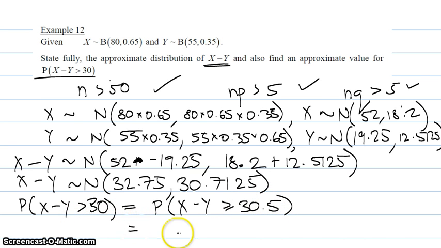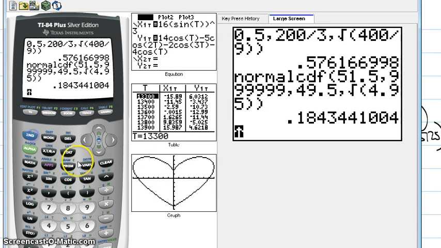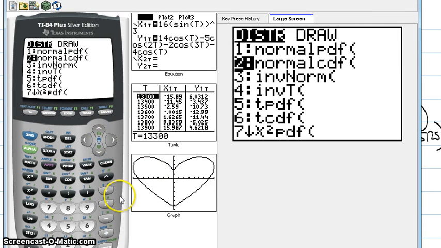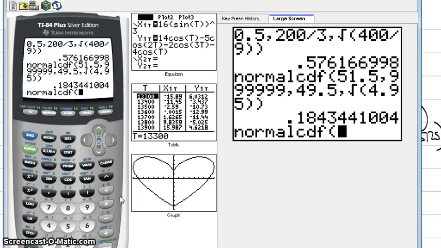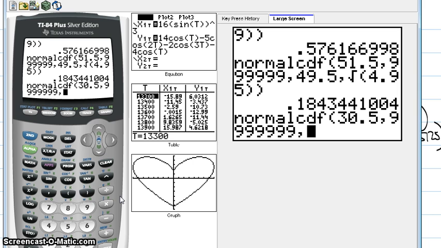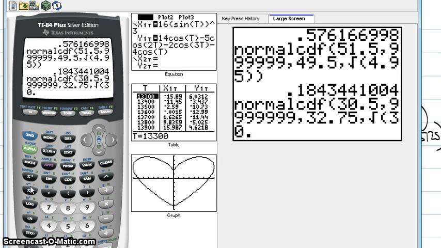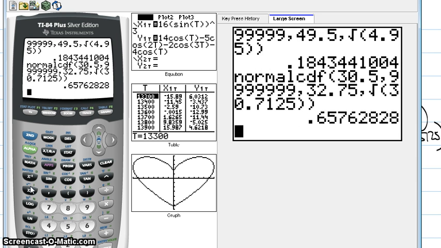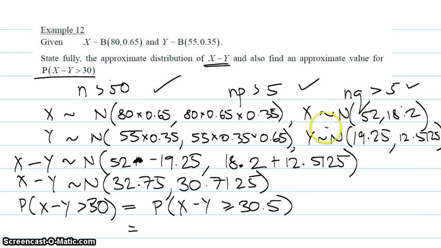So we just key this into our graphing calculator again: normal CDF, lower bound 30.5, upper bound infinity, mean 32.75, and the standard deviation is the square root of the variance, which was 30.7125. So what do we get? We get 0.6576828, or to 3 significant figures, 0.658.